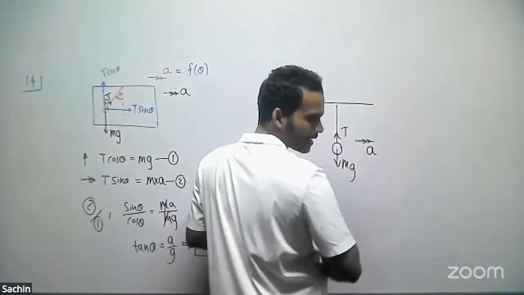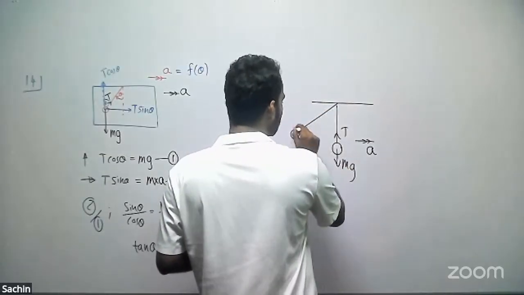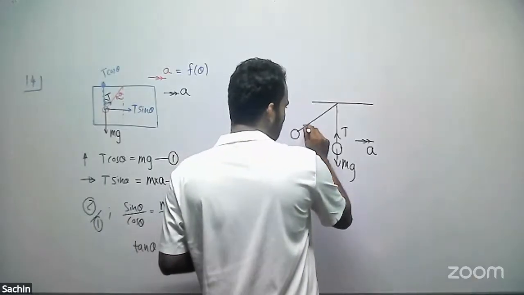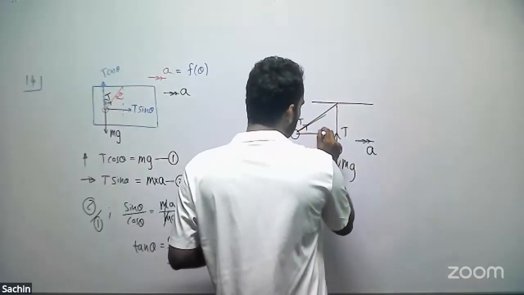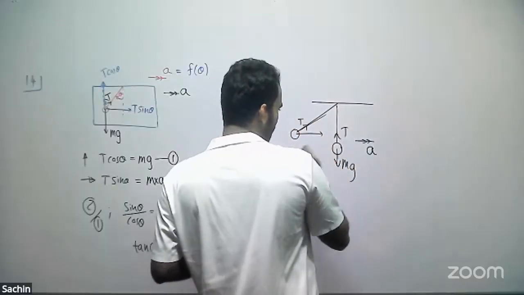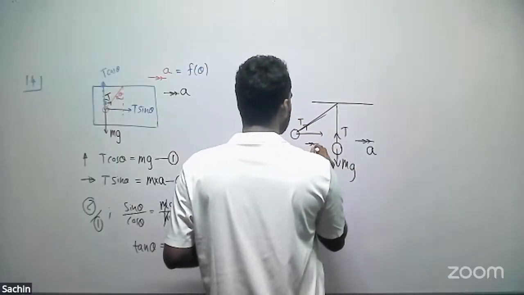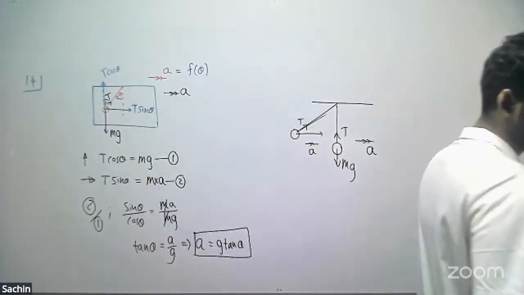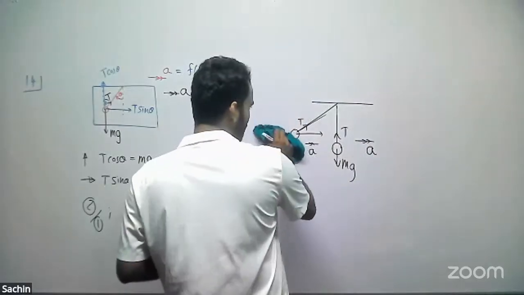So to obtain that acceleration, the tension automatically inclines. Once the string is inclined, there will be a horizontal component of the tension coming in this way, which enables the object to accelerate. The acceleration is created by the tension component.